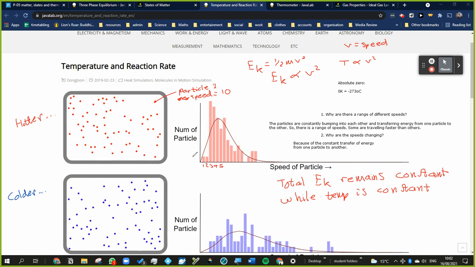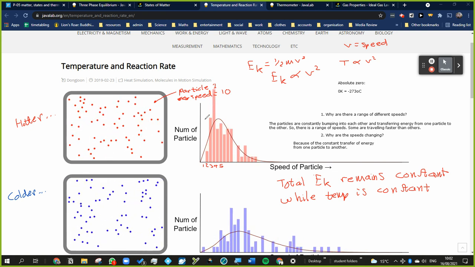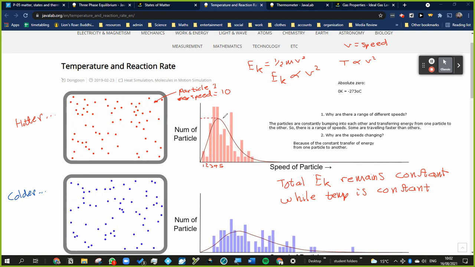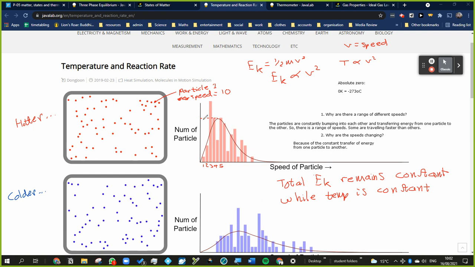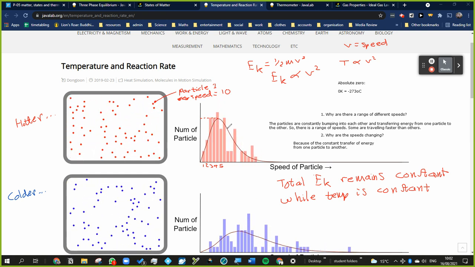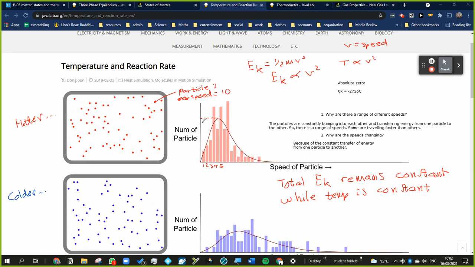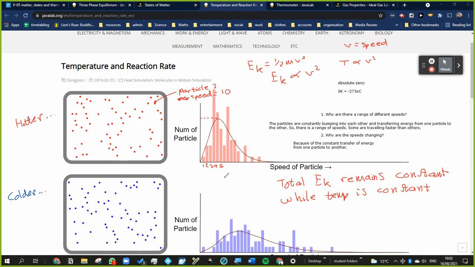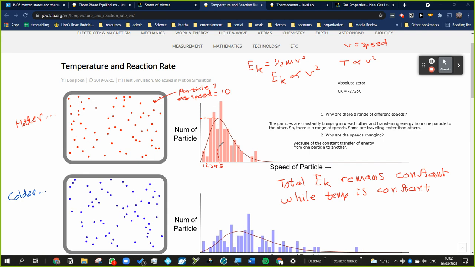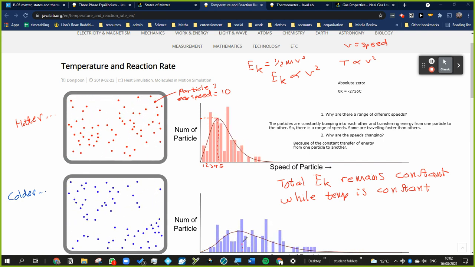The other thing that we notice is that for hotter temperatures, they have a higher maximum energy. It's fluctuating quite a bit, but this is sort of average. So this is higher, and also if we look at where the maximum is, it's over there, whereas for the colder one, it's over here.